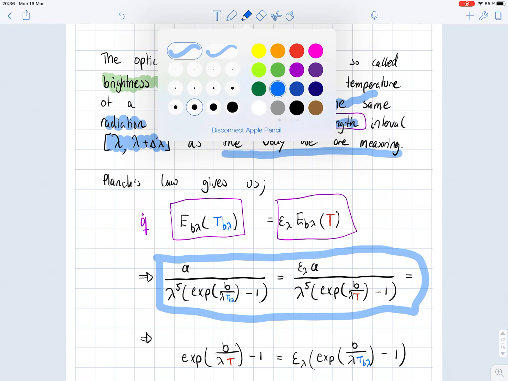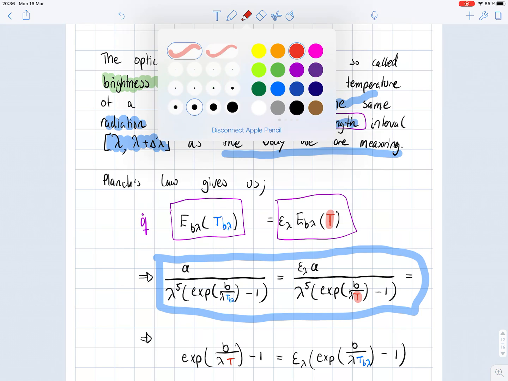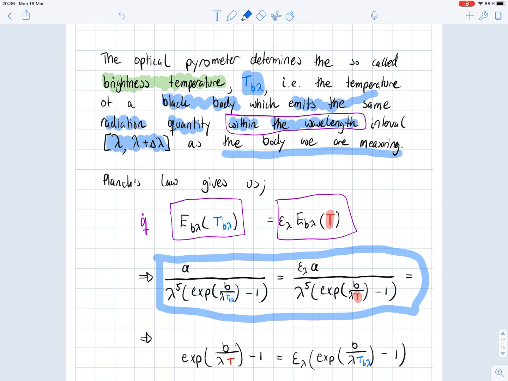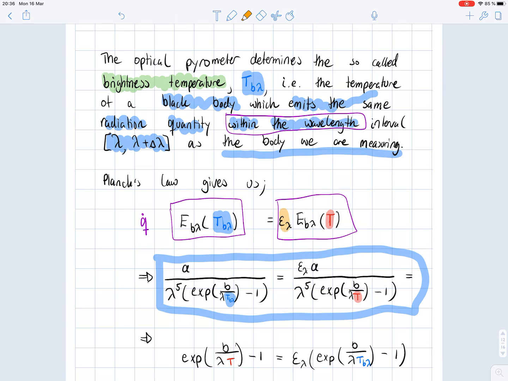The only difference between these two is that on the left-hand side we have the temperature that shows up in our display, while on the right-hand side we have the true temperature of the surface. And on the right-hand side we also have this emissivity, which follows from the non-ideality of the surface that we're trying to measure.